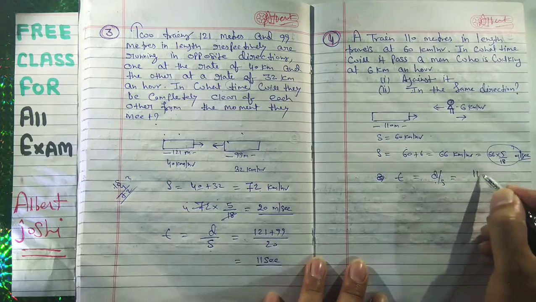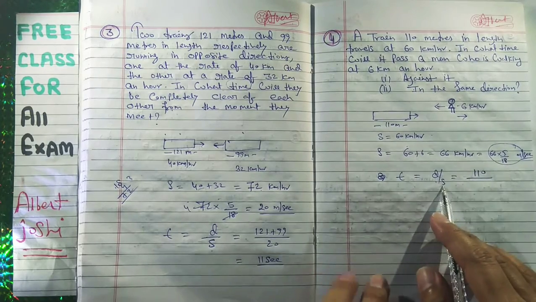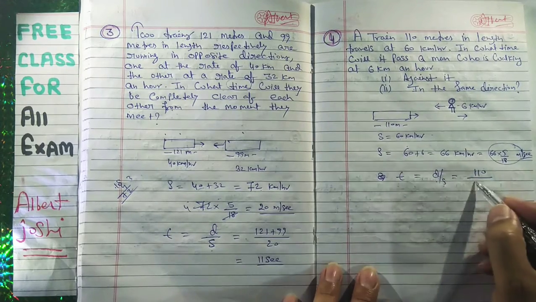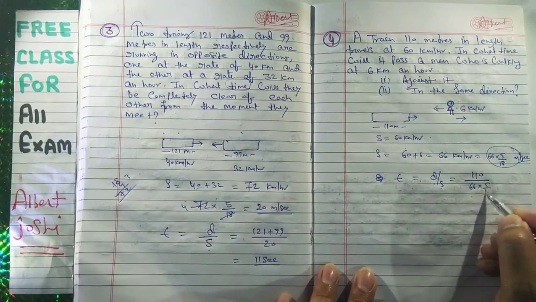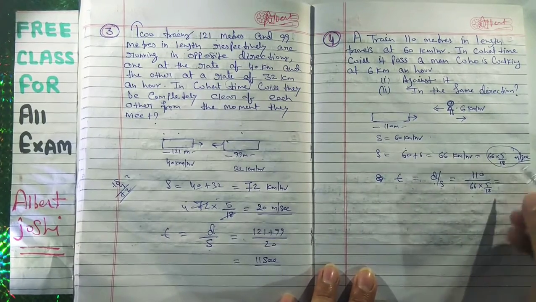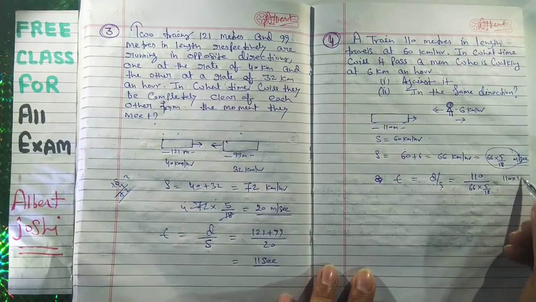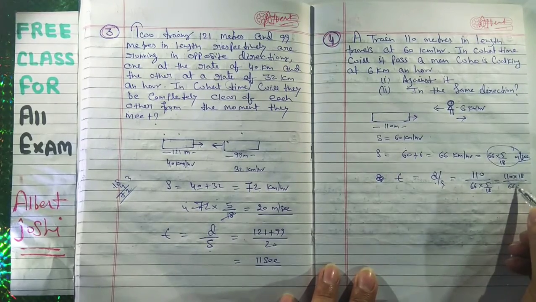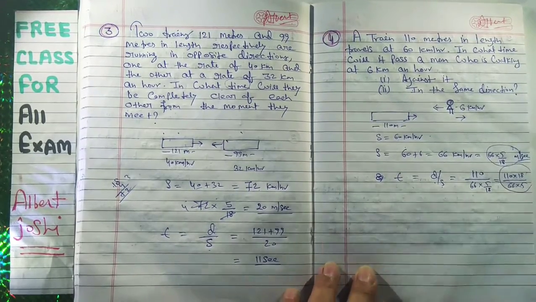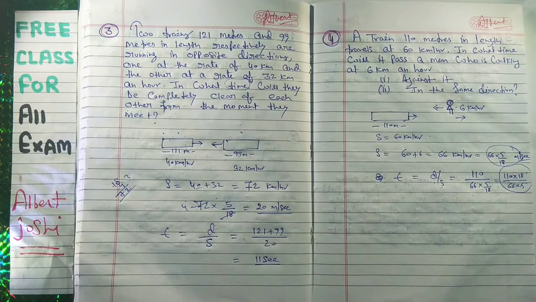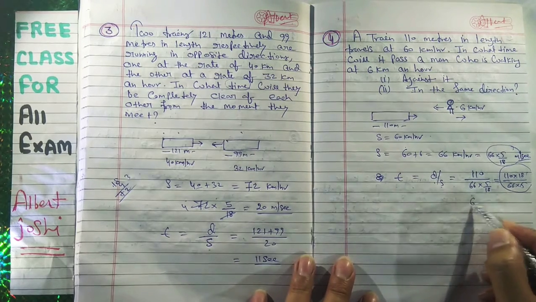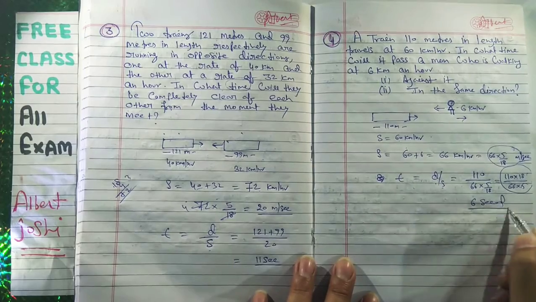So that will be 110 upon your speed, which is 66 into 5 upon 18. If you calculate, 18 comes above: 110 into 18 upon 66 into 5. So in this condition, your first answer will be 6 seconds.